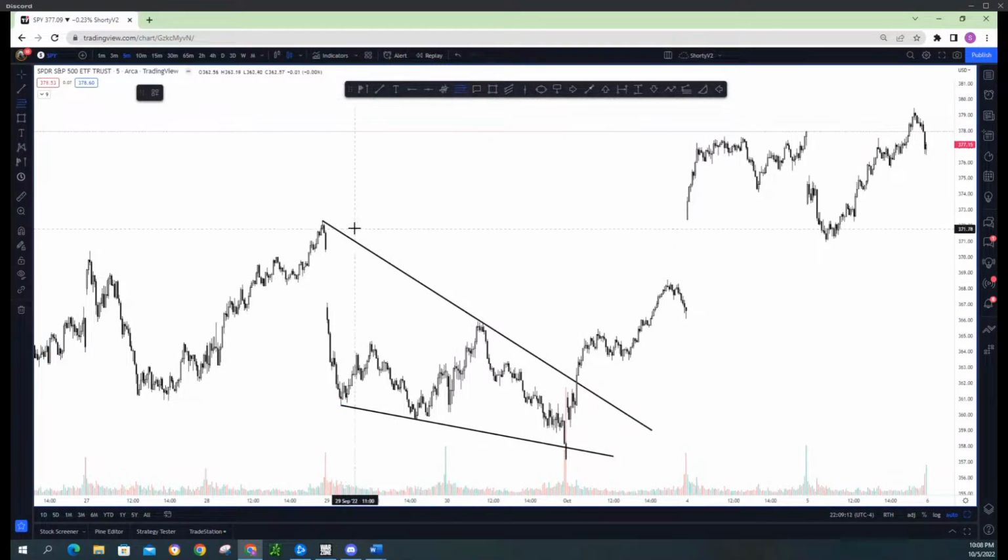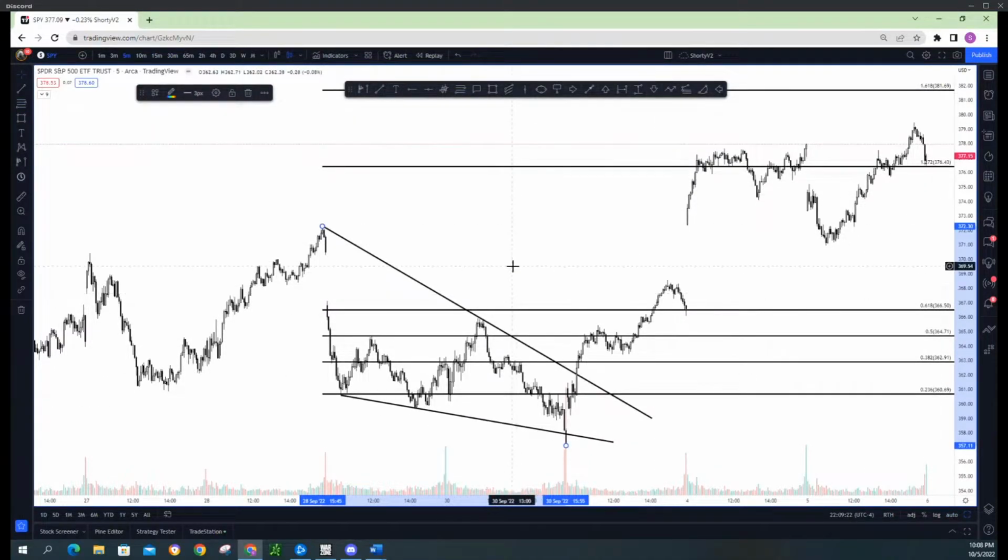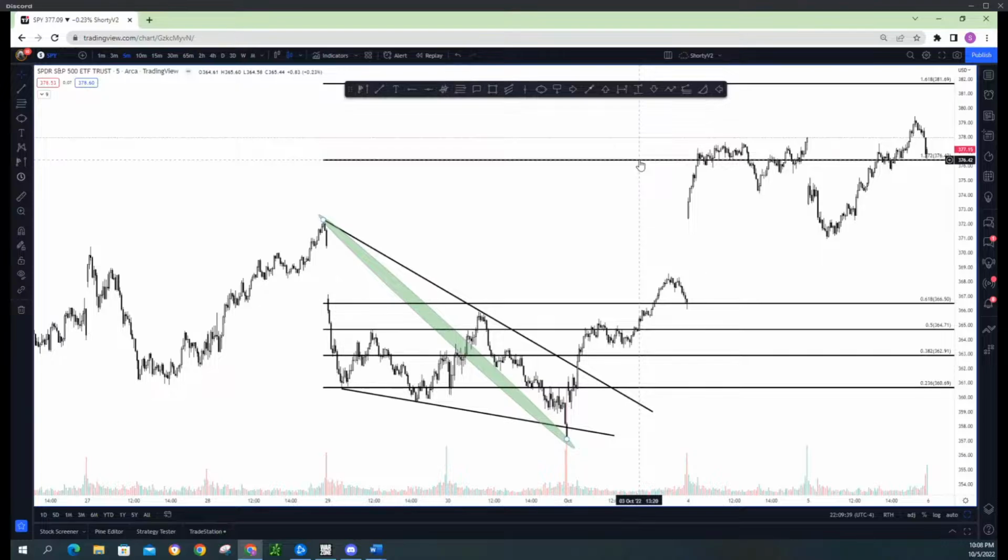If I wanted to know the extensions, if I'm interested in the targets, not retracements, I can find where this move will give me the extension of the next hit. Basically, I'm trying to figure out this move right here. I want to know where the replication of it is. The 127%, let's say 1.272, of this move is right here.